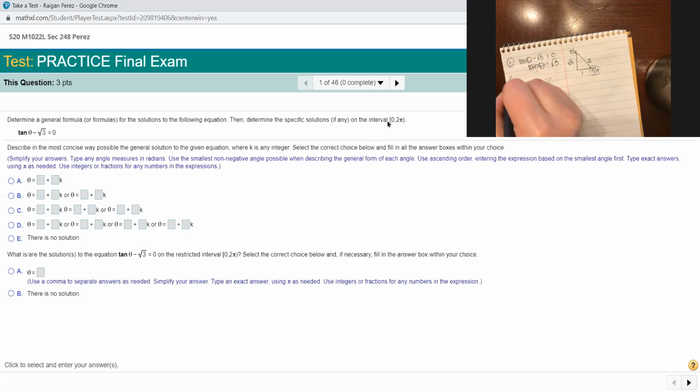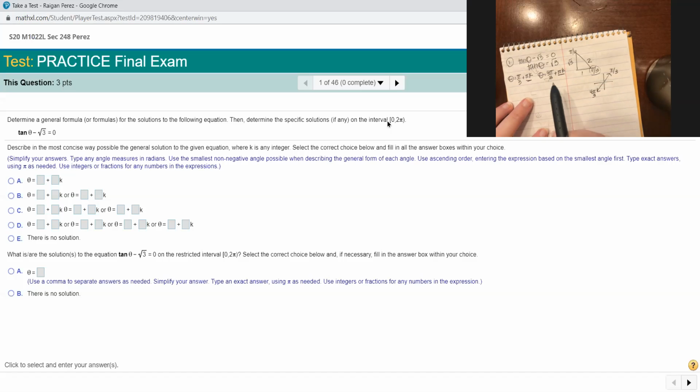So one of them is when it's pi over 3 plus pi k. Remember, tangent is positive in the first quadrant and, with all students take, in the third. So it's a pi over 3 angle and a 4 pi over 3 angle. And remember, you add your period, and tangent's period is always pi k.